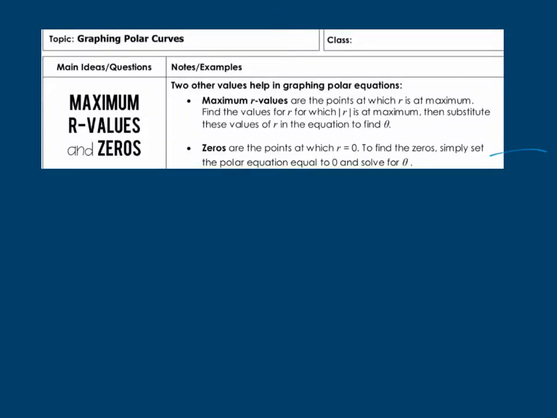Okay, today we are on 6-3, and we're going to learn two more things in this section about how to graph: finding the maximum R values, like how big the actual graph will have to be, which is nice to know if you're picking a coordinate plane or a polar plane, and where it is zero. And the second half of today's lesson is looking at the names and the shapes, so you can tell from the equation what kind of picture it'll be, whether it's a circle or an inner loop circle or something like that.